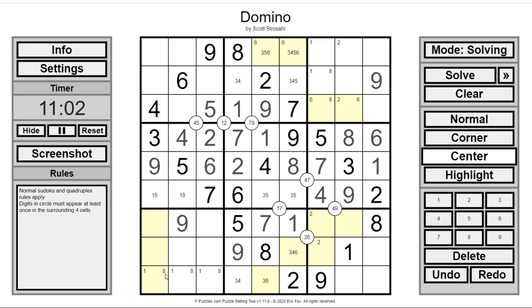If I could rule out, like... I'm thinking about the circle clues, right? If I could rule out this being a 6, that would be really helpful. So if that's a 6, then those are all 6s. That's a 6 and that's a 6.